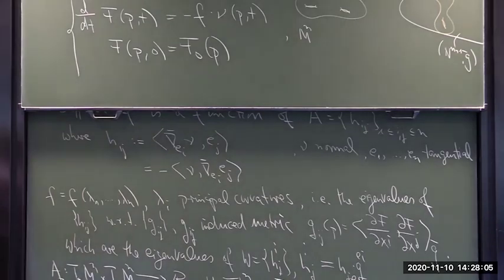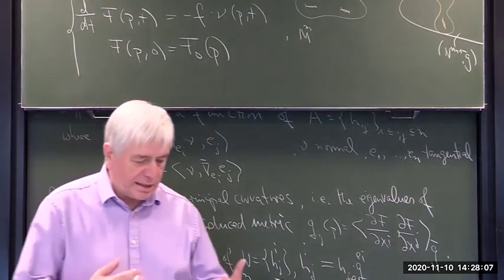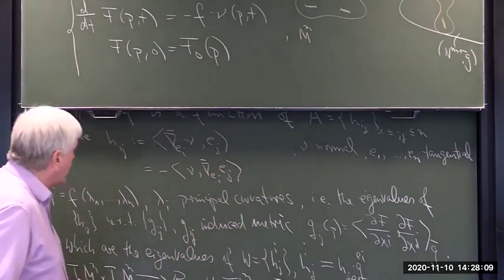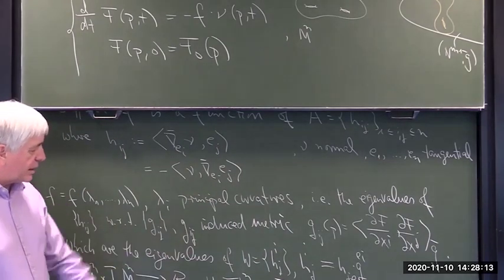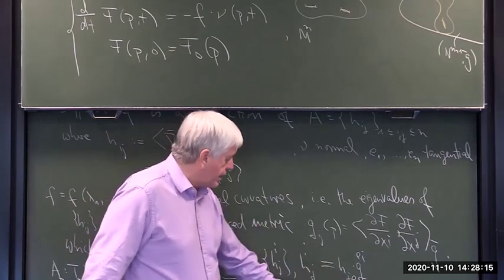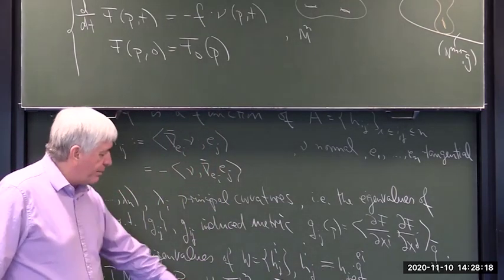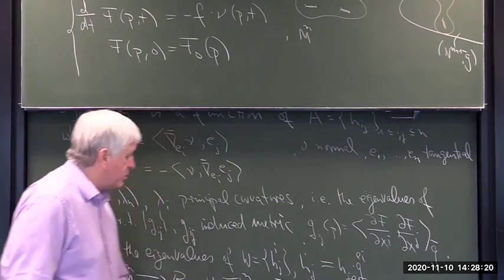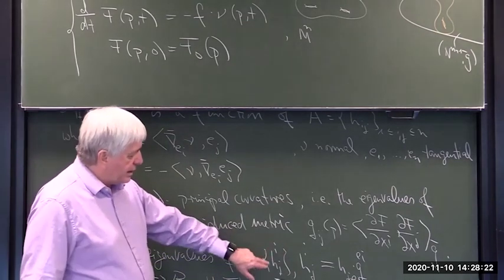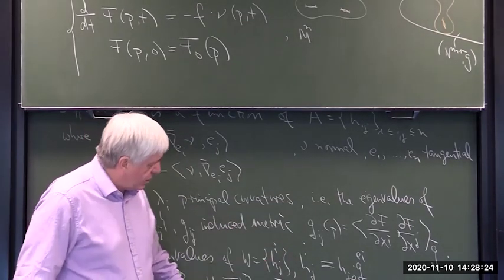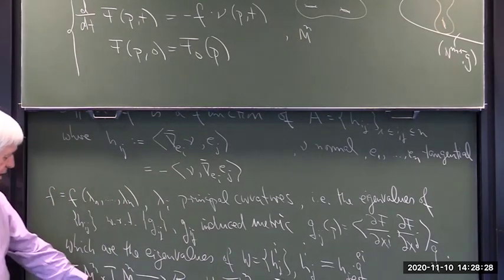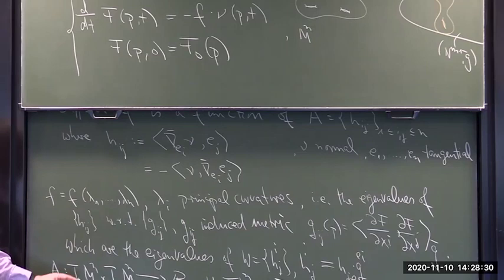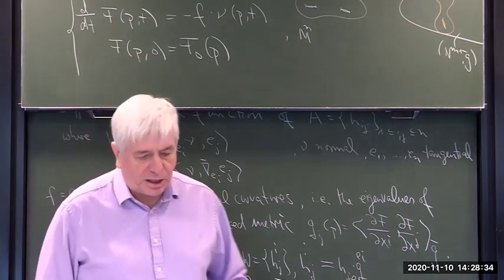So we can view the second fundamental form either as a bilinear form, and this would be this definition, or we can raise one index like here, then it becomes a map from the tangent space to itself, and then the eigenvalues of this mapping are the principal curvatures, which is the same as saying the eigenvalues of this matrix with respect to the metric Gij.